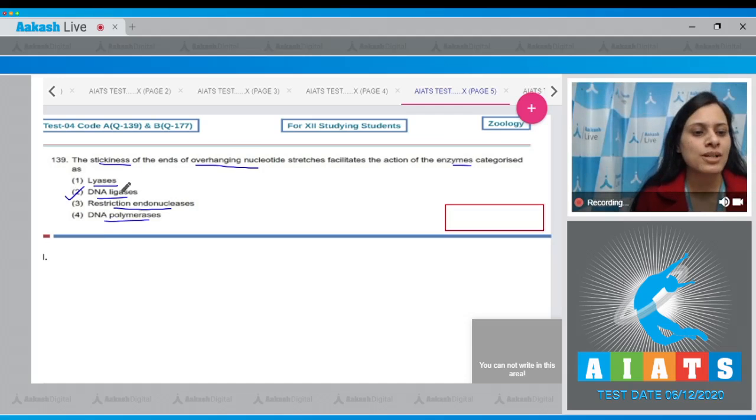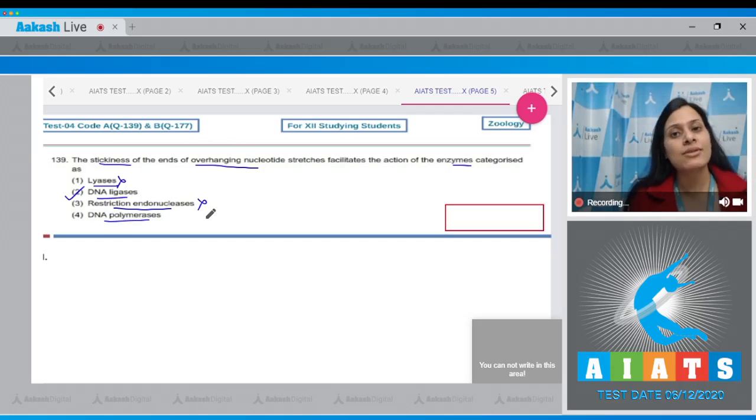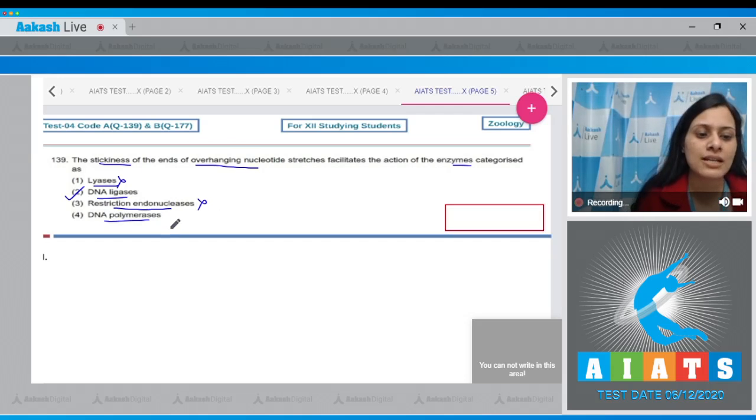The very first option, lyases, is incorrect because lyases catalyze the breakdown of a substrate into two parts without the use of water. The next option, restriction endonucleases, is also incorrect because the action of restriction endonucleases produces sticky ends. And the last option, DNA polymerases, is also incorrect. So the correct answer to this question is option number 2. Let's proceed to the next question.